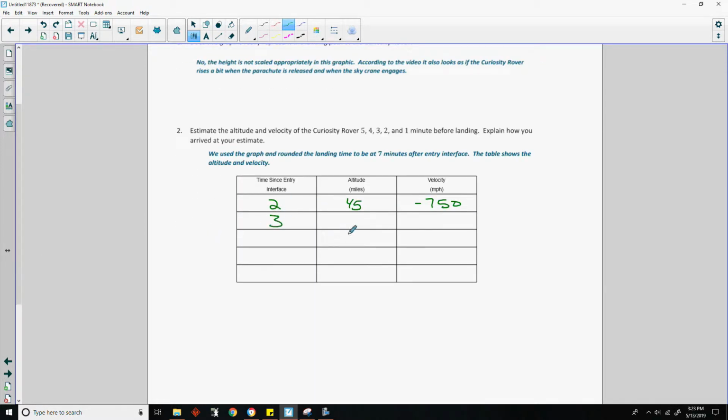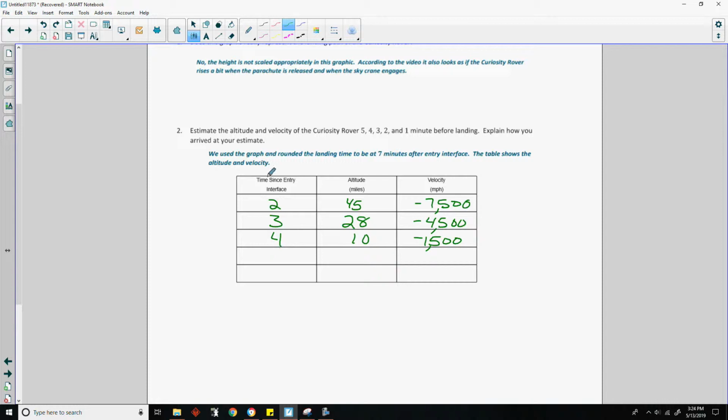Time since entry interface would be 3. The altitude at that time is 28 miles, and the velocity was negative 4,500. And this was supposed to be negative 7,500 up here. Okay. So number 4, or 4 minutes since entry, is altitude of 10 miles and a velocity of negative 1,500 miles per hour.